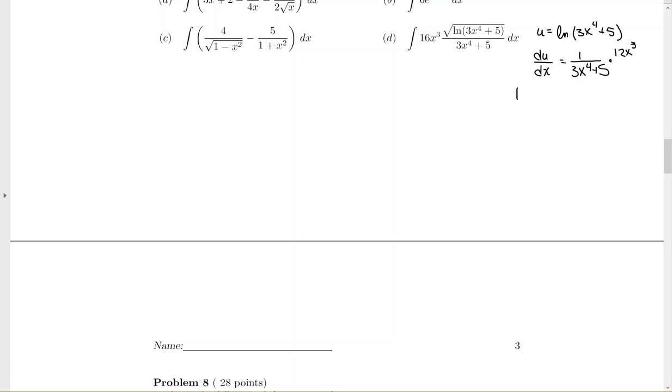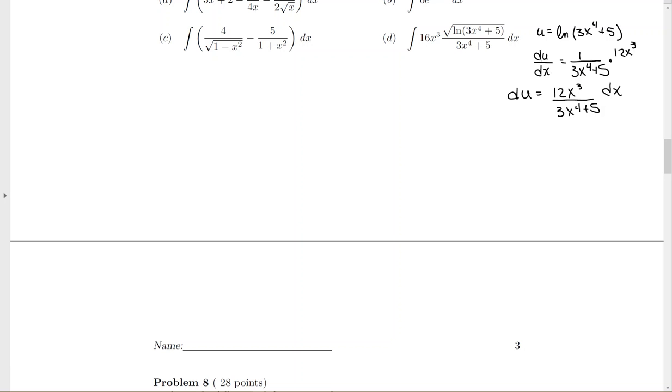So this is du equals 12x cubed over 3x to the fourth plus 5 dx. I just multiply both sides by dx.